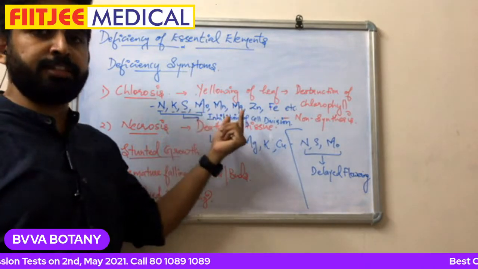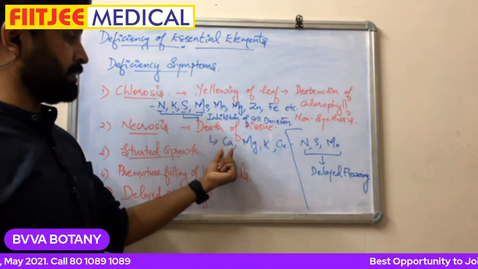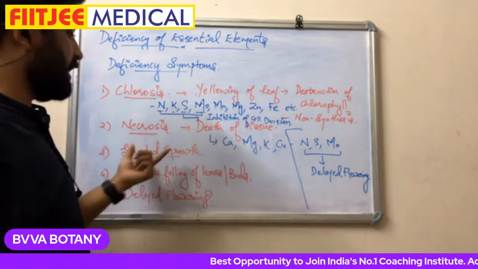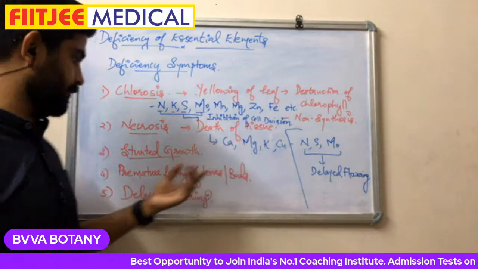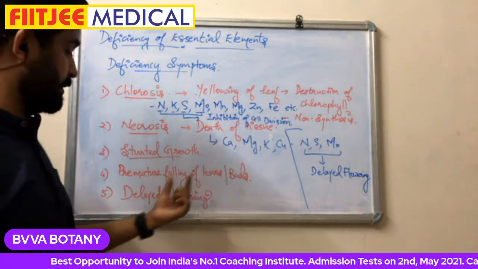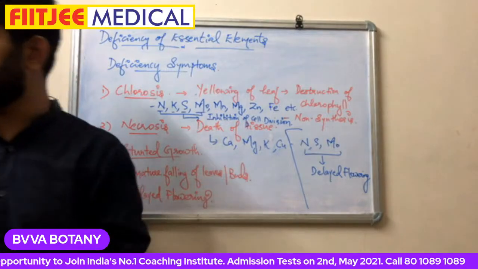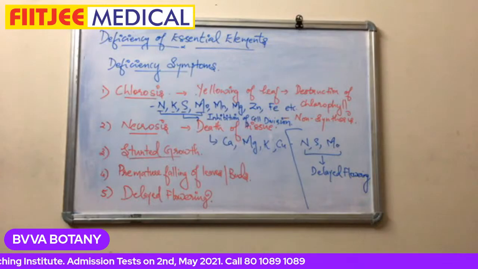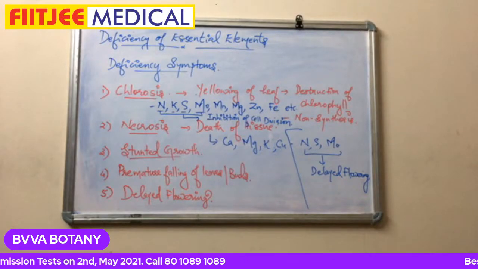Necrosis is death of the tissue, caused by magnesium, potassium, and copper, and calcium is an example of that. Then premature falling of the leaves and buds, and delayed flowering. Okay, these are the common deficiency symptoms. Next one is micronutrients.